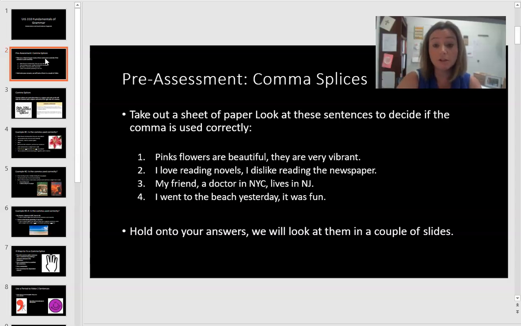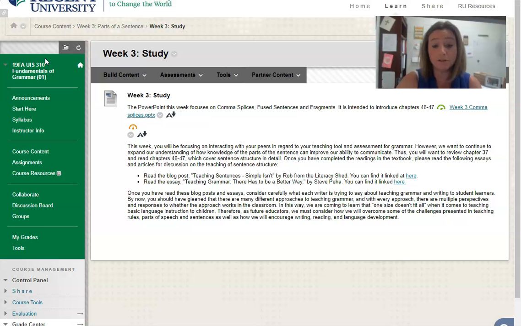And so this is a really good review of the different parts of a sentence. So it's not only important that we talk about the parts of speech, the nouns, the verbs, the adjectives, the conjunctions, the clauses, the prepositions, but we also need to make sure that we are structuring our sentences correctly. And so that is why we need to focus on the different parts of a sentence.